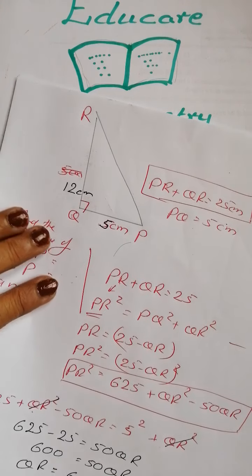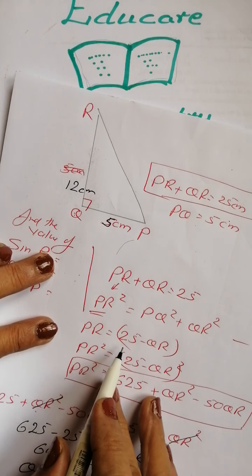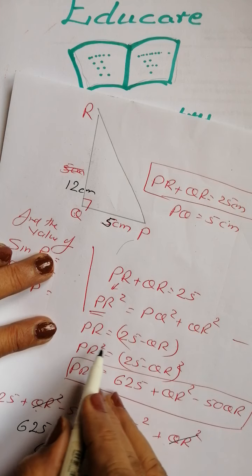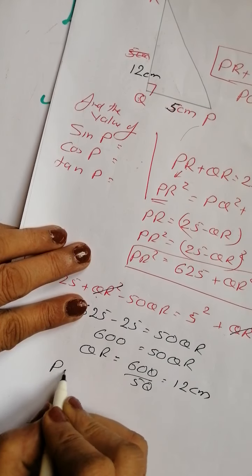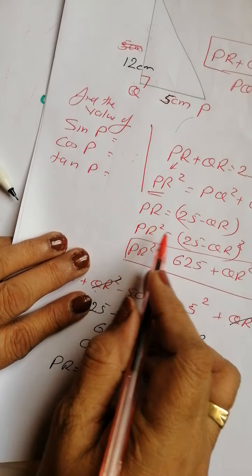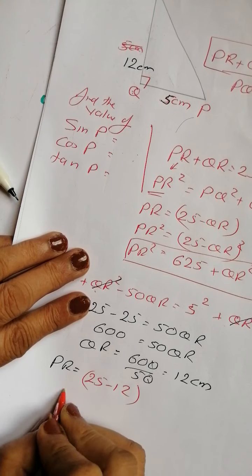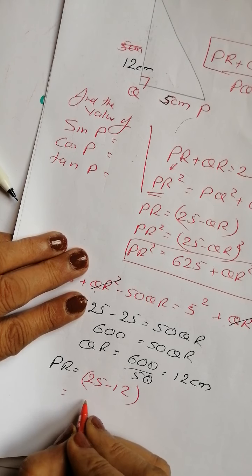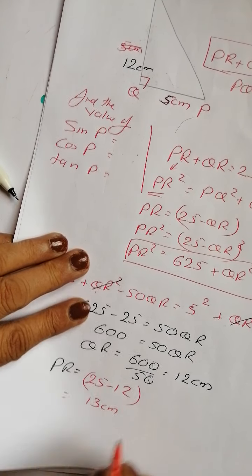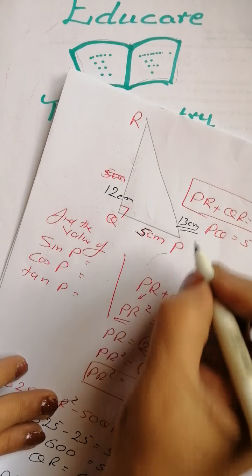And what is PR now? PR is equal to 25 minus QR, which is 25 minus 12. What is 25 minus 12? 13 centimeter.